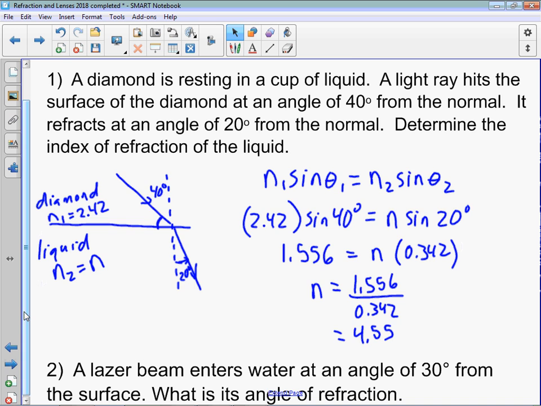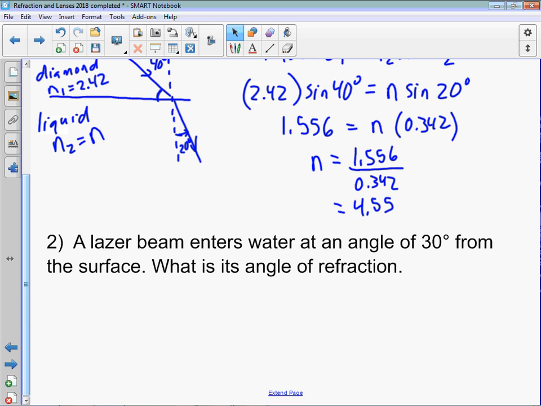The second question that we have here: a laser beam enters water at an angle of 30 degrees from the surface. What is the angle of refraction? So if you're not told what the other substance is, I think it's fair to assume that unless you're being asked to solve for it, like we were in the last question, if we don't know anything about it, but we need to know something about it, you can just assume that it's air.